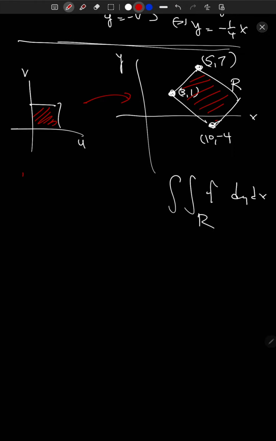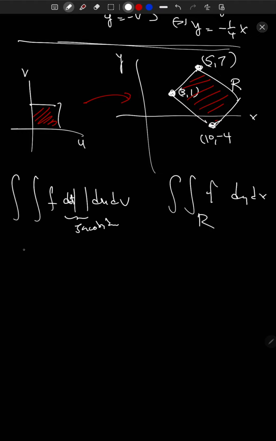Then I'm going to compute the integral on this side, du dv, times the determinant, the Jacobian term. The advantage is that the limits are all constants, so we hope that will be easier.